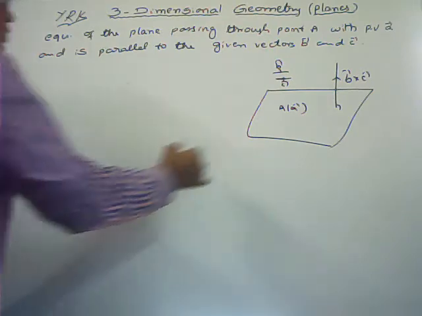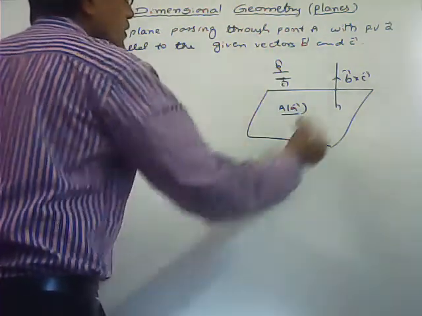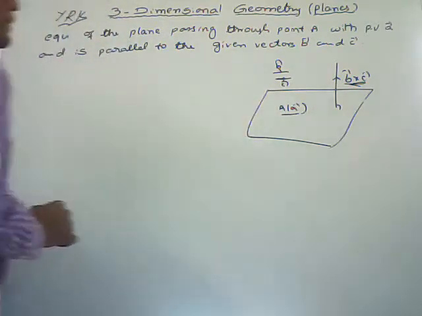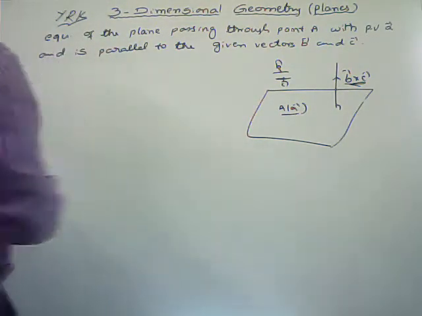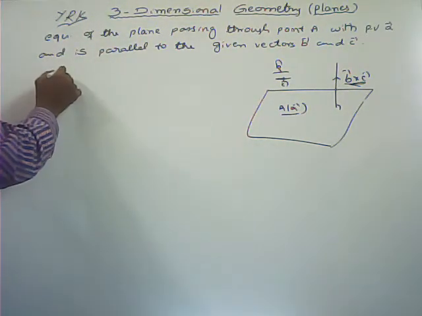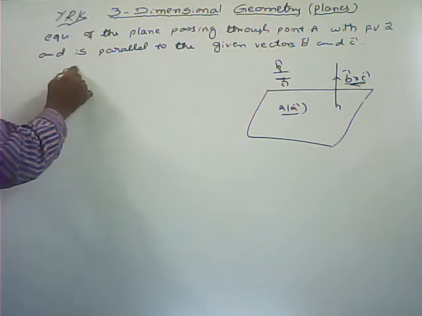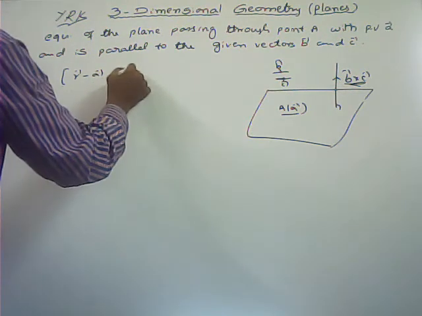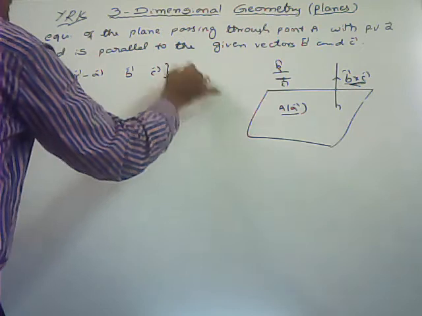So the plane passes through the point A and the normal vector is given. So how to write that? Box R bar minus A bar, B bar, C bar is equal to 0.